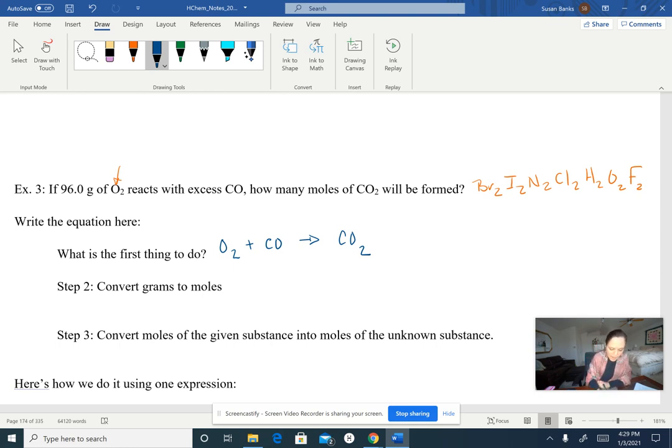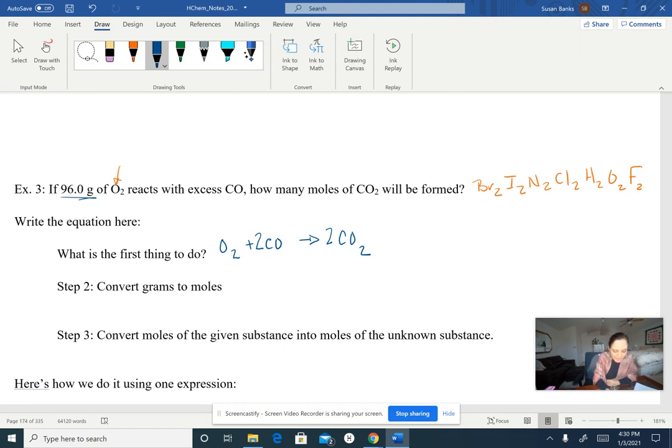So I've got 3 oxygens and 2 here. Let's try this. Let's double this. That now gives me 4 oxygens and 2 carbons. So if I double that, we've got 2 carbons, 4 oxygens on both sides. So we're good.